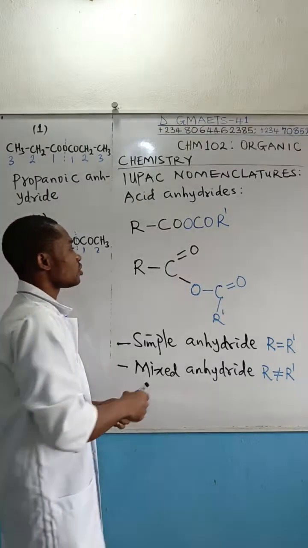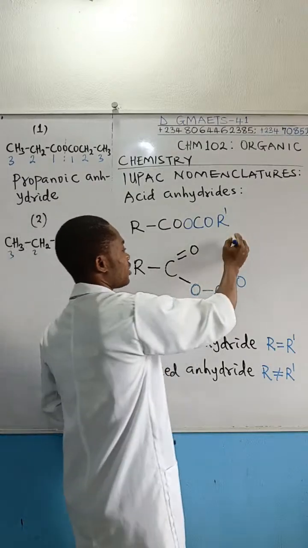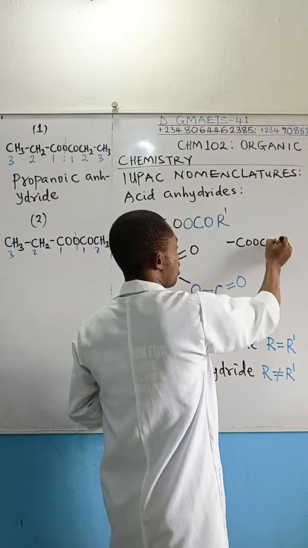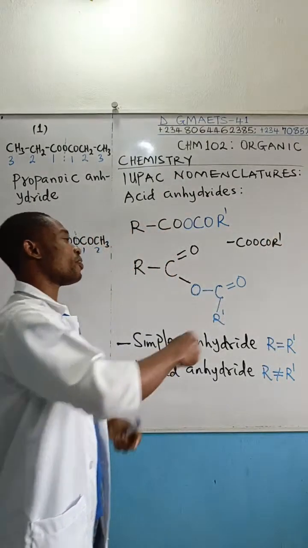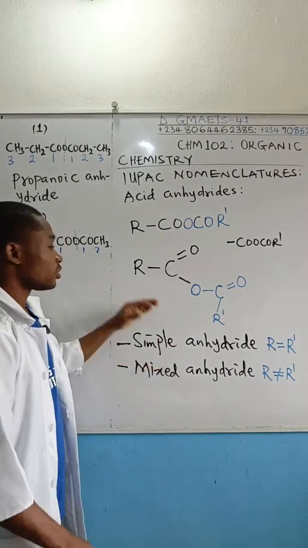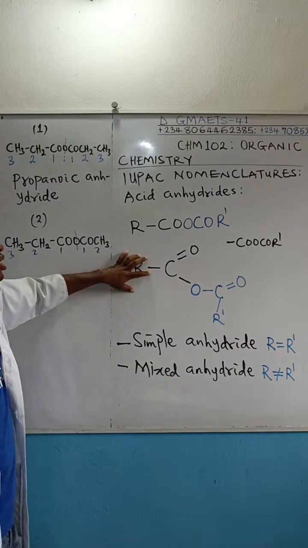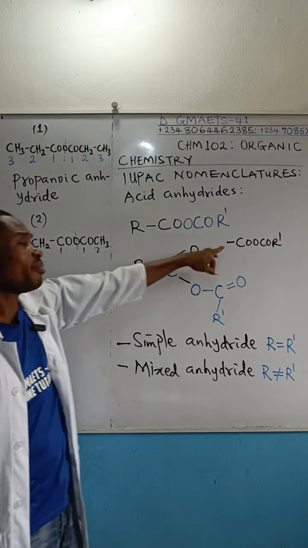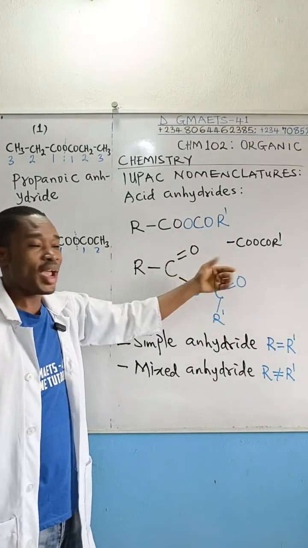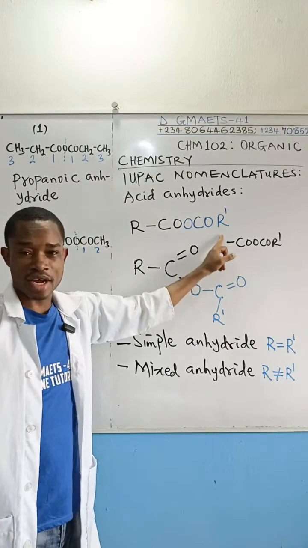Please take note that I can decide to write this functional group as COO, COR prime. As a matter of fact, this is the proper and most correct way of even writing the functional group, with this R not being there. The reason is because with this empty bond line, without fixing an alkyl R, we are saying that hydrogen still has the right to enter here.